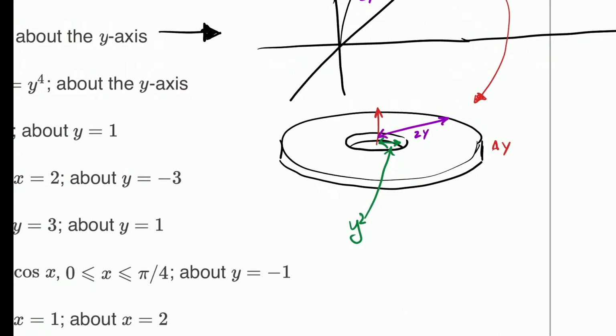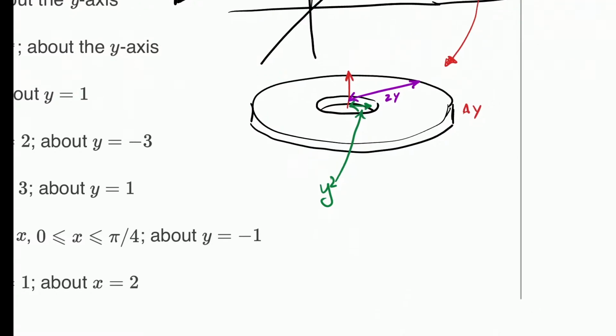So the next step, let's actually compute the volume of this washer. The volume of this one washer, we won't worry about the whole thing for now, is going to be pi times the outside squared times the thickness. That's the whole disk.